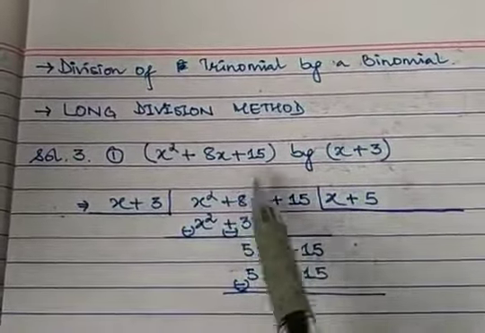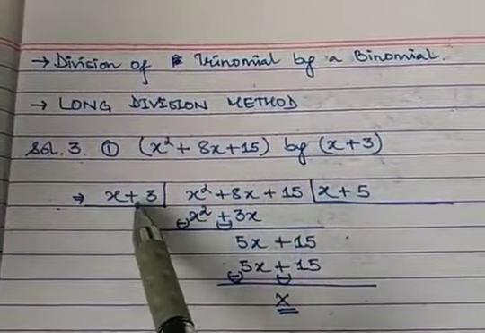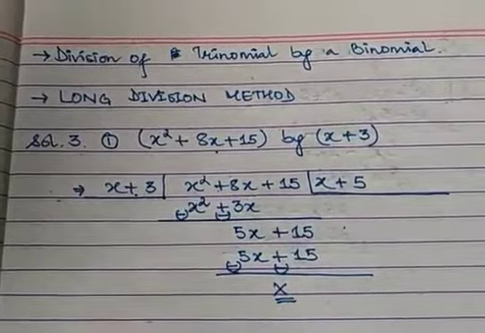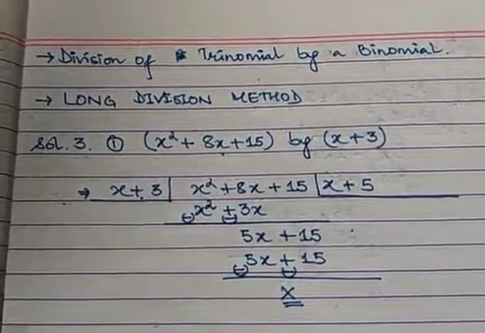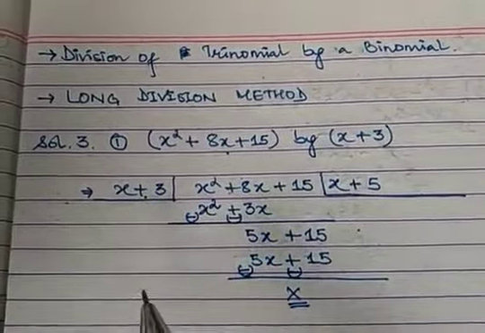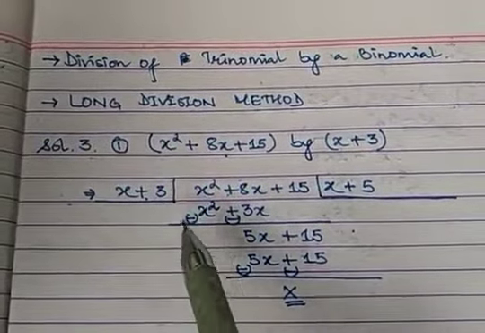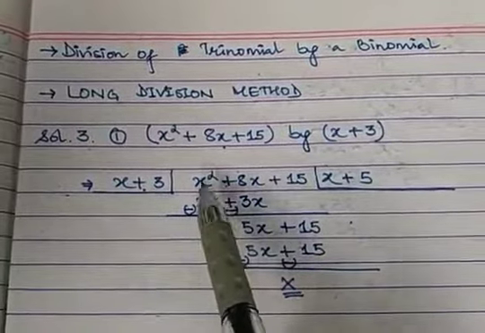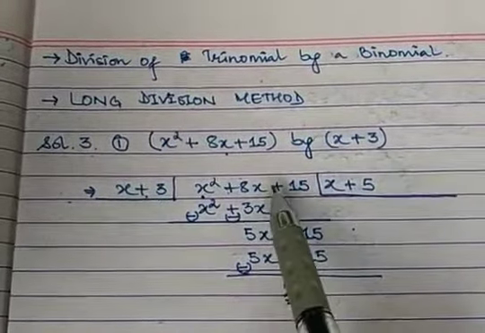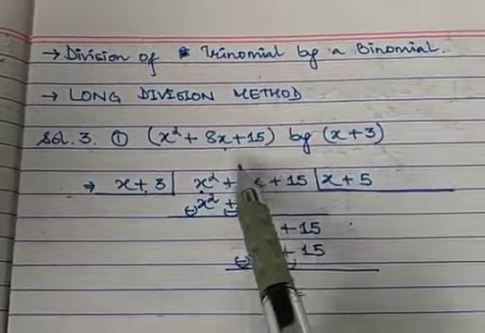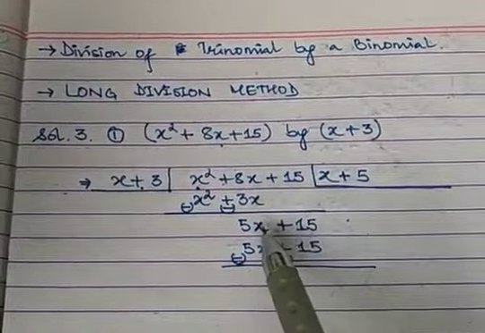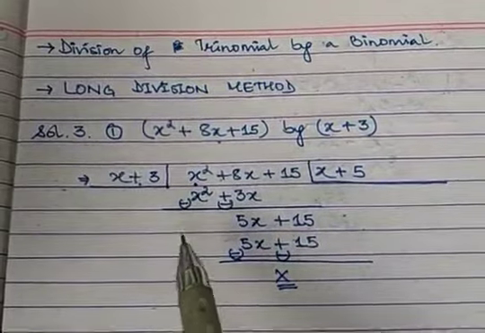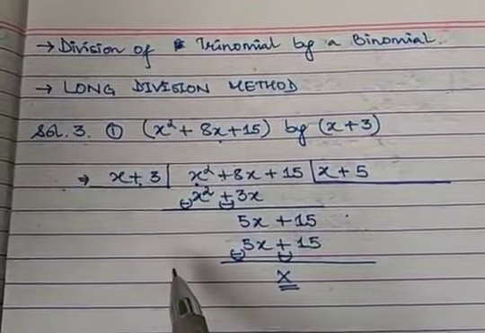Okay, so simple: divisor x plus 3 and dividend x square plus 8x plus 15. Now in this one, what we need to do is follow the first term of the dividend. Remember the first term of the dividend, and also the dividend has to be placed in standard form. Remember, both the divisor and the dividend have to be placed in standard form. What was the standard form?